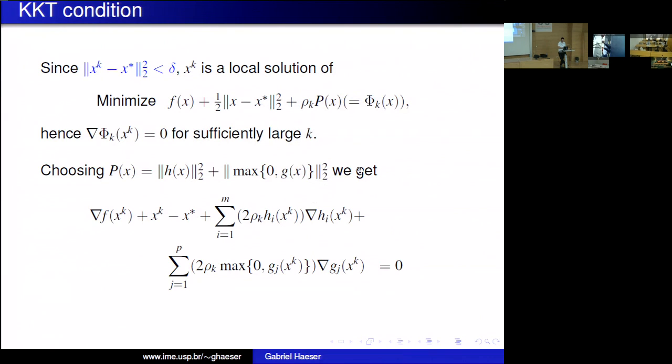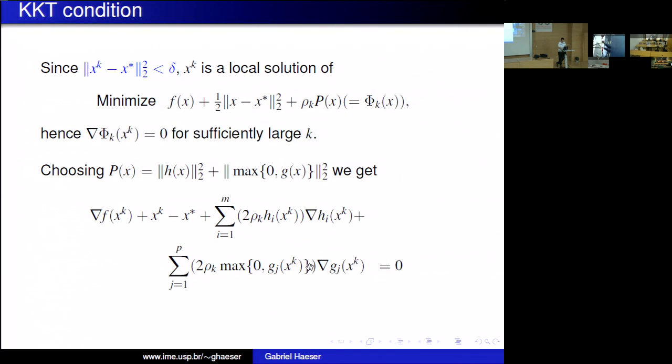Xk is going to x star, and x star is feasible. So I don't know what happens here. But this is going to the gradient of hi in x star, and this also is going to the gradient of this constraint. Okay, so what we do, we call this an approximation to the Lagrange multipliers at the solution.